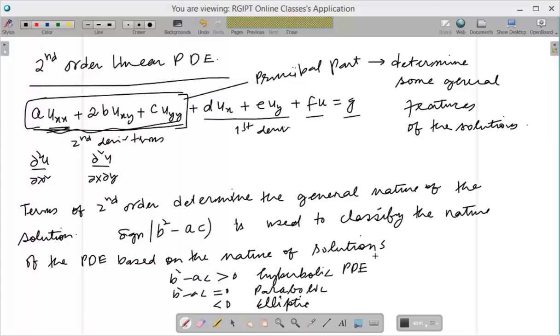Hyperbolic PDEs, parabolic PDEs and elliptic PDEs will differ in terms of some general properties of the solution. The solutions have some very general features which are characteristically different from each other. We'll look at those in the next class.